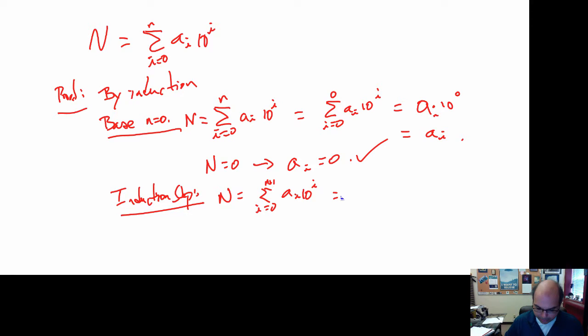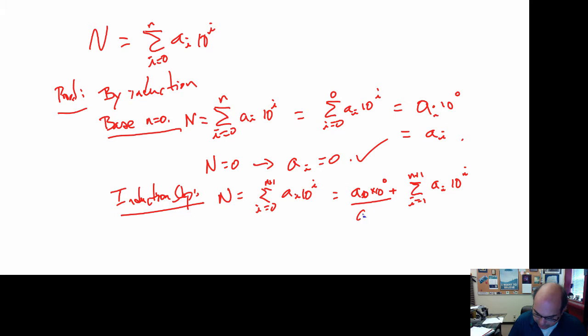The first piece that I want is when I is equal to 0. So I just want this to be a sub 0 times 10 to the 0, plus the sum from I equals 1 to n plus 1 of a sub I times 10 to the I.